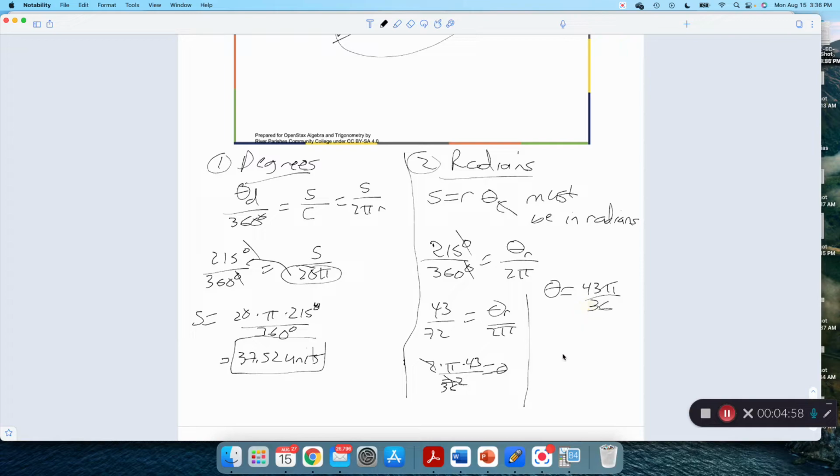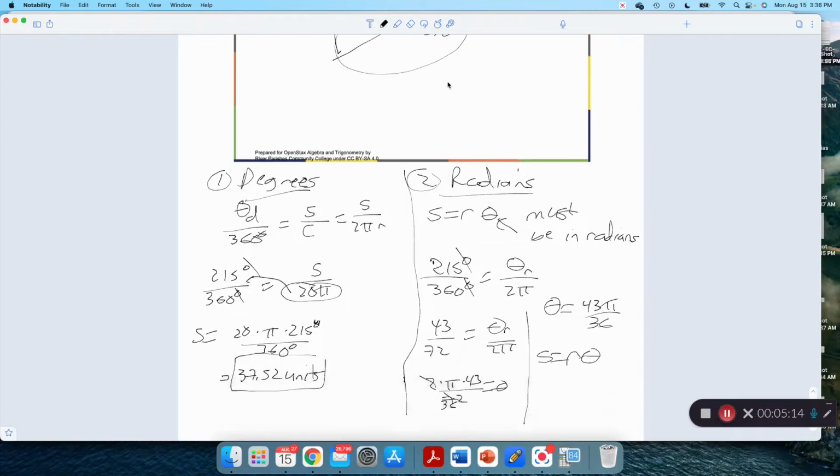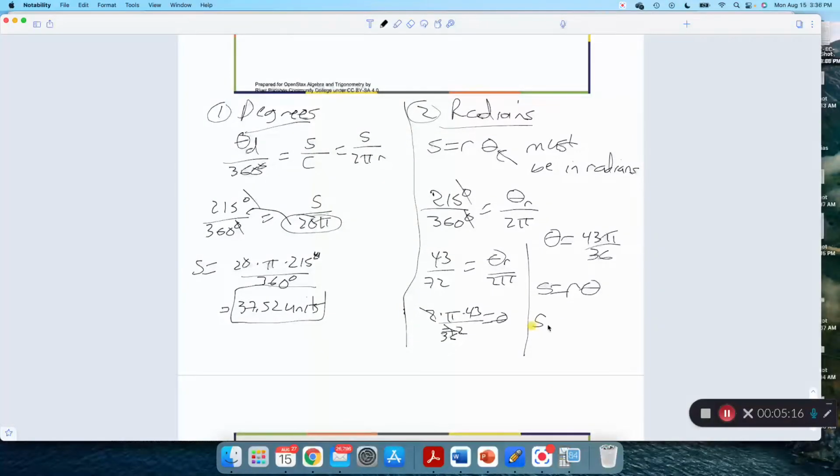And then I just do S equals R theta. Now that I'm in radians, I can just use this angle and multiply by the radius, and I'm done. And my radius, I believe, was 10. Yes, it was. So S will just be 10 times that fraction.